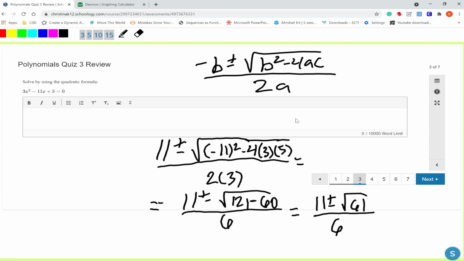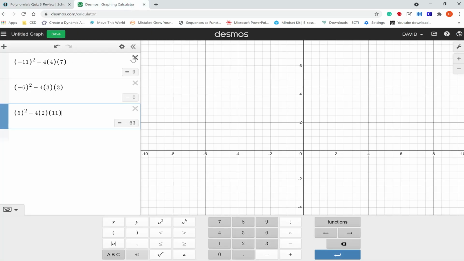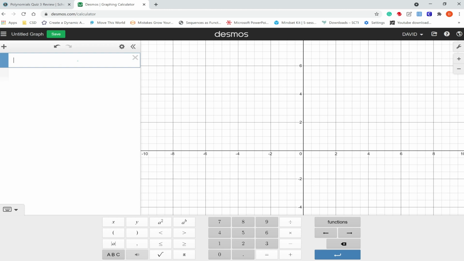Or actually, if we wanted to, we could also type this into Desmos. So you can type in 11 plus, and you'd have to show some work. So square root negative 11, oops, too many negatives.